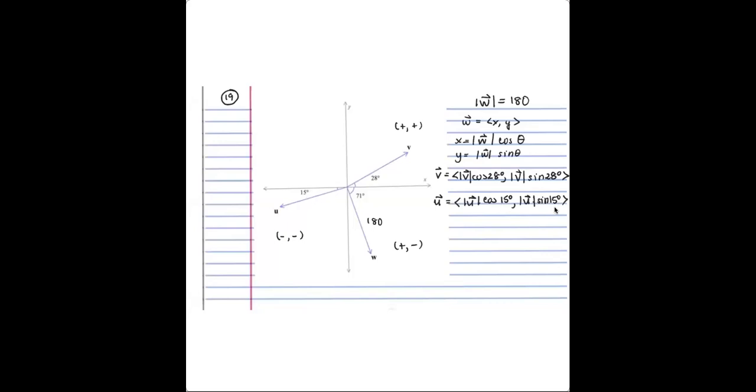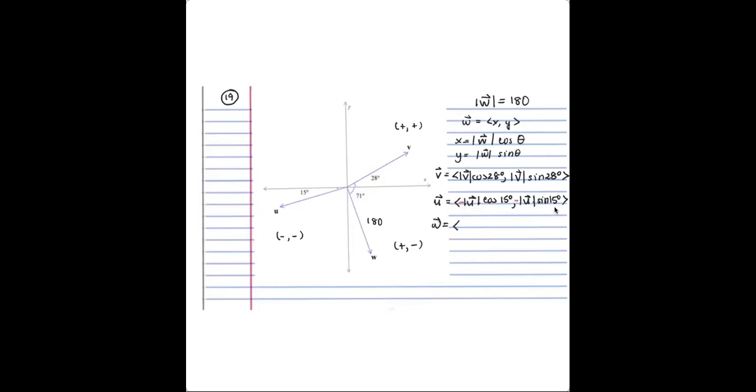So what I need to do is make sure I take advantage of the fact that it's in the third quadrant, therefore both the x and the y are negative. So let me go ahead and add in that negative for both of those. So I'll have minus here, and that's going to be the case for u because it's in quadrant 3. Let's do the same for vector w.